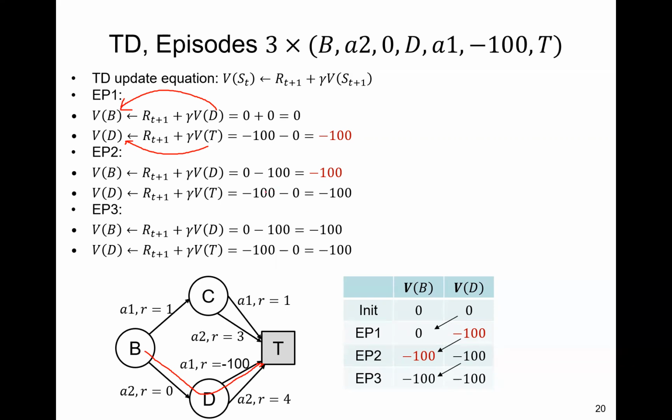In the next iteration, this minus 100 has propagated from D to B. So here's an arrow in here. And VD is the same, still bootstrapped off the terminal state, still minus 100. In episode 3, the same process. So it has converged.